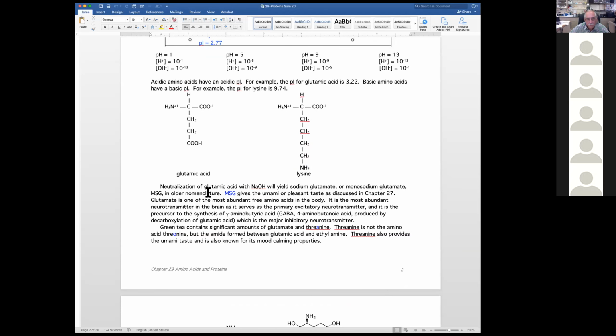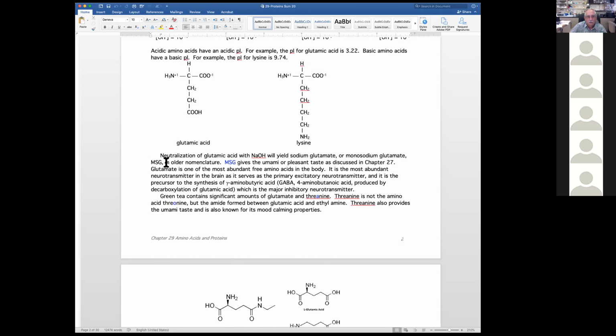So something about glutamic acid I'll point out. Neutralization of glutamic acid with sodium hydroxide will give you sodium glutamate, or monosodium glutamate, MSG. So MSG gives the umami, or pleasant taste, as we talked about in chapter 27. It's one of the most abundant free amino acids in the body.